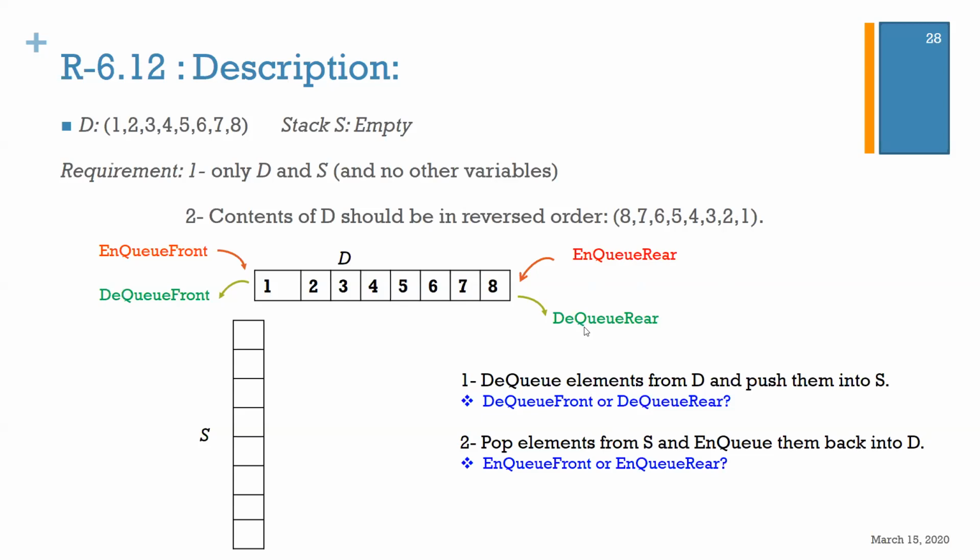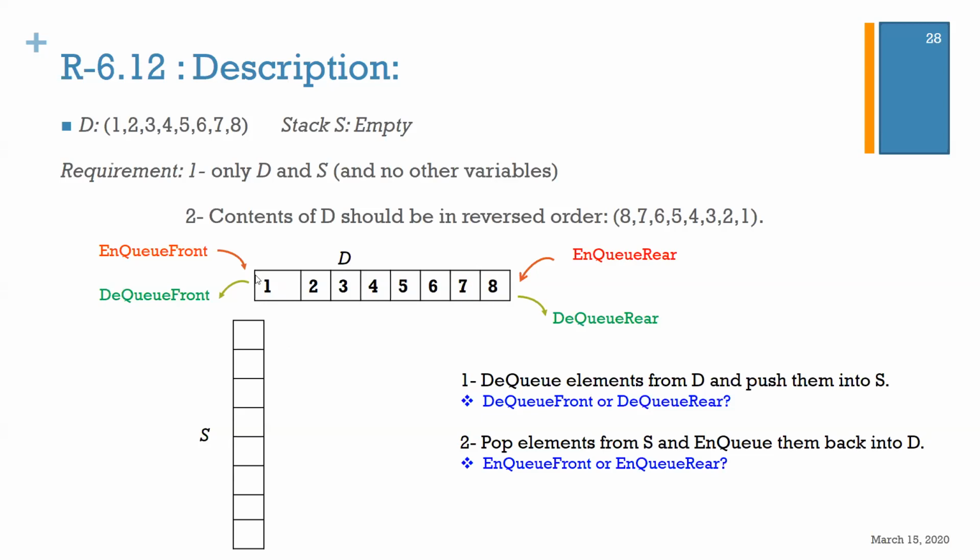If you use DQ from the front, because this one will be the first element added and this is the last element added, we need to reverse. The last one pushed to the stack is 8. So the first one we NQ at the front.